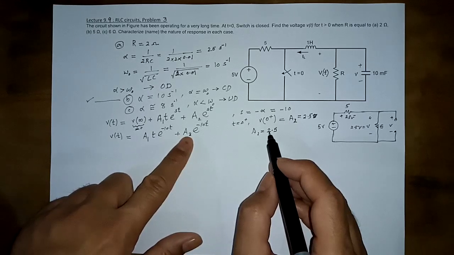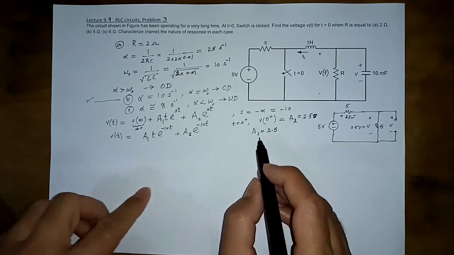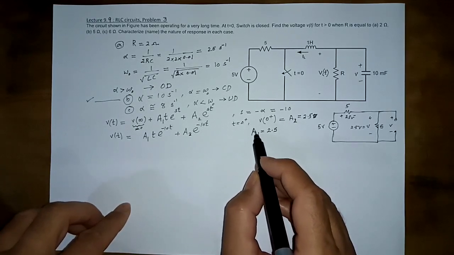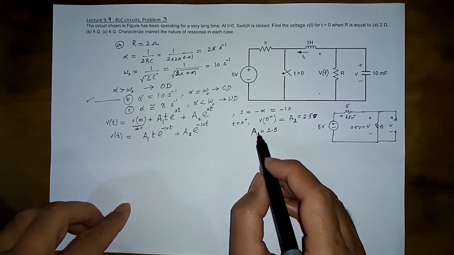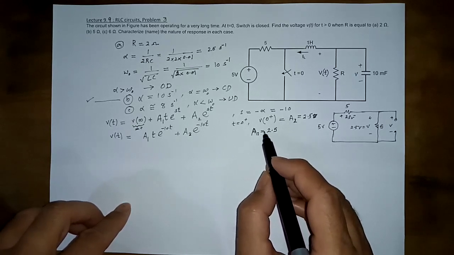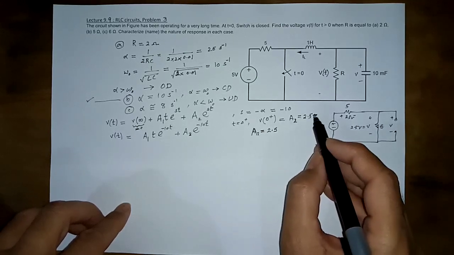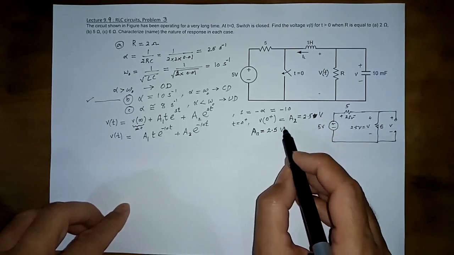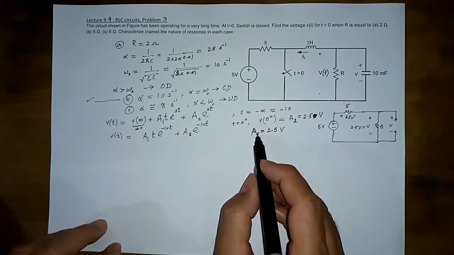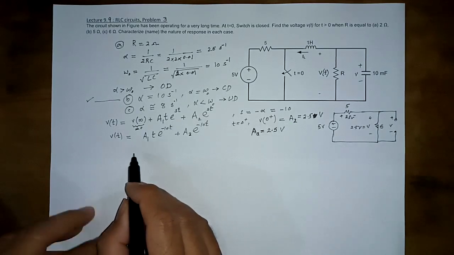However, the dimension of A2 is volts. But for maths, we are more interested in the value 2.5. Anyway, let us take the dimension along as well because we need to be technically correct.